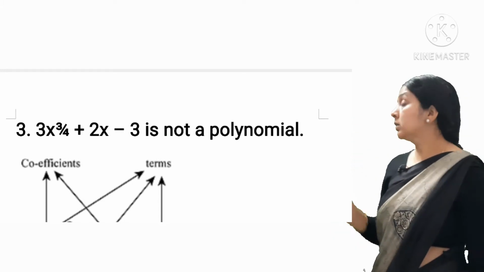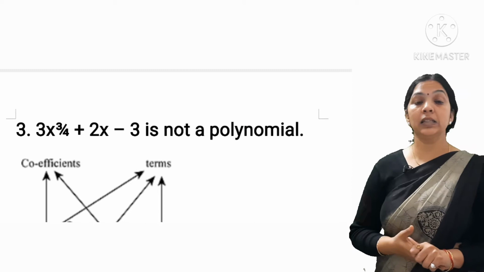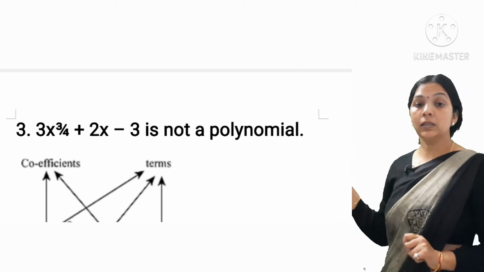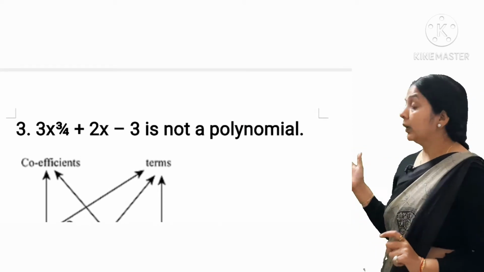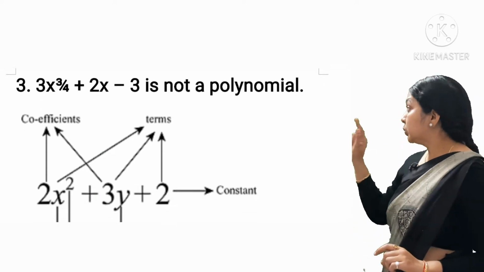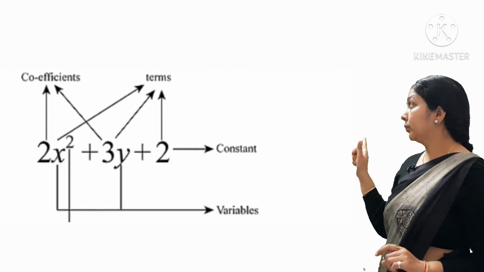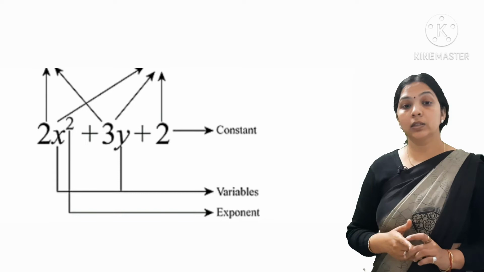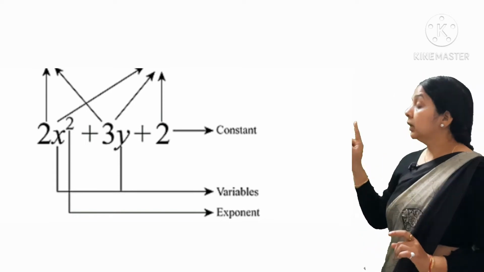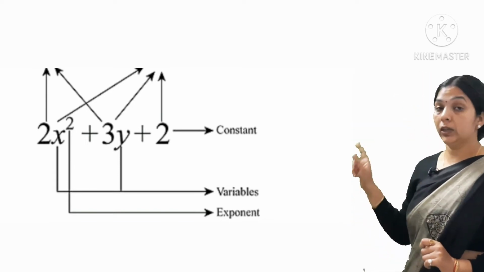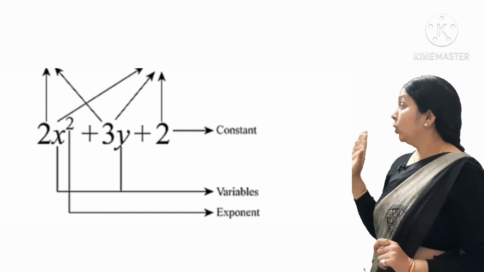Now, here in this given example, you can see that 2x square plus 3y plus 2. In this example, 2, 3 and 2 are the constant numbers. The numbers which are written along with the variables are known as the coefficient.